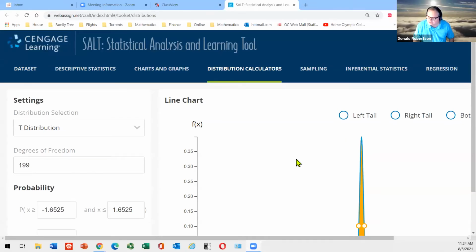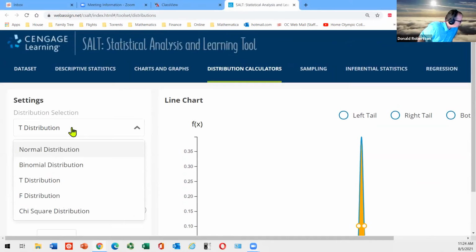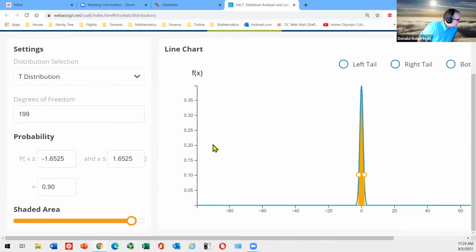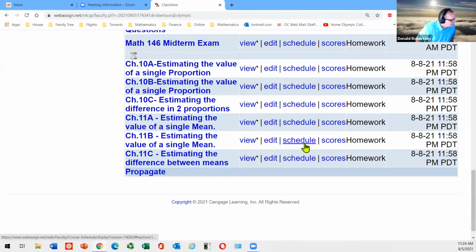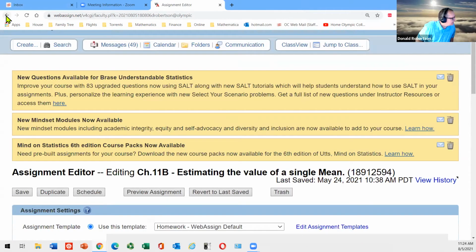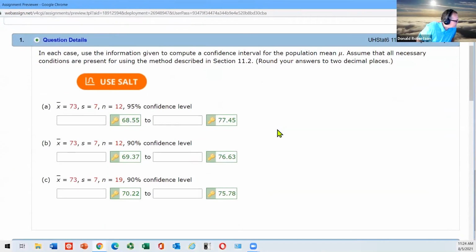So fingers crossed, I did all my calculations correctly. I'm now going to try and share a SALT screen. You're looking at the SALT screen? Okay, so we're going to go, and oh, sorry, wrong SALT screen. Hold on a second, I'll find the right one. Here we go. Are you looking at question 1, use SALT? Is that good? I think I'm on the wrong one.